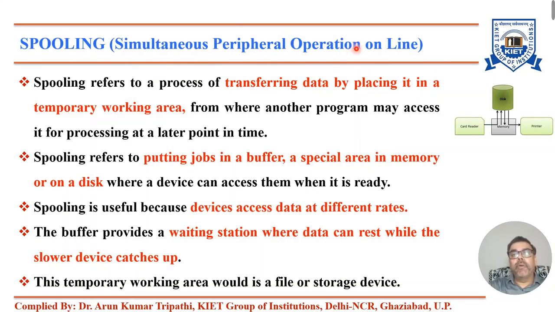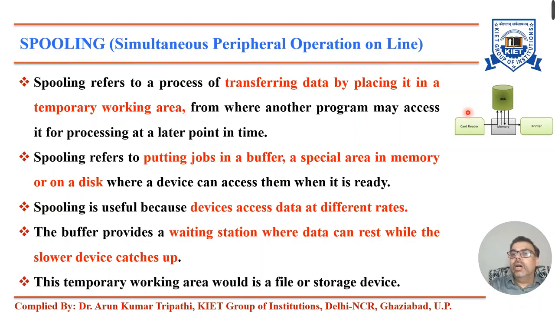Peripheral operations means we are performing operations on the peripheral, online means continuously. Spooling refers to the process of transferring data by placing it into a temporary working area, in general the hard disk, from where another program may access it for processing at a later point in time.